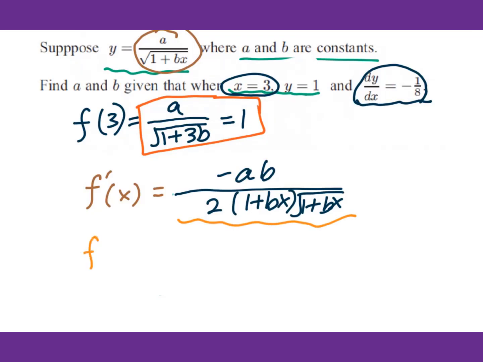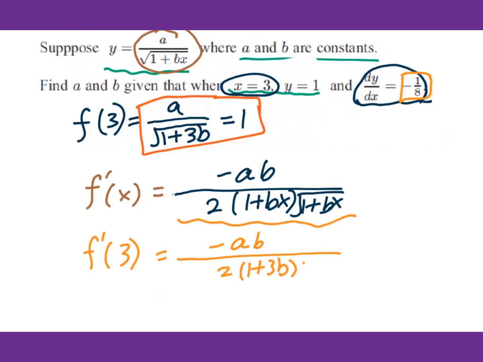When we plug x equals 3 into this derivative function, you will get negative 1 over 8. So we plug 3 into x: negative ab over 2 times (1 plus 3b) square root of 1 plus 3b equals negative 1 over 8.